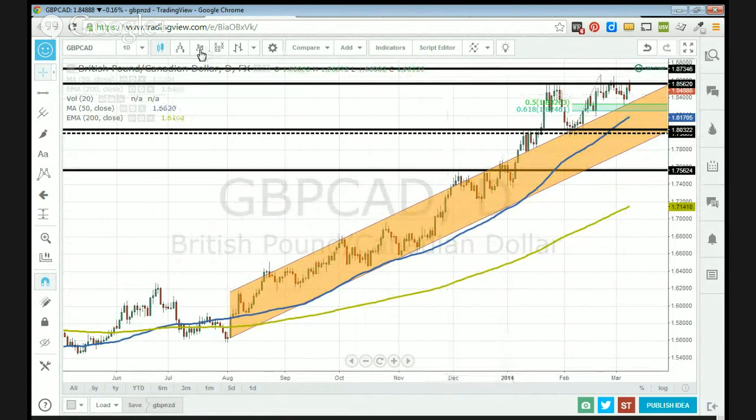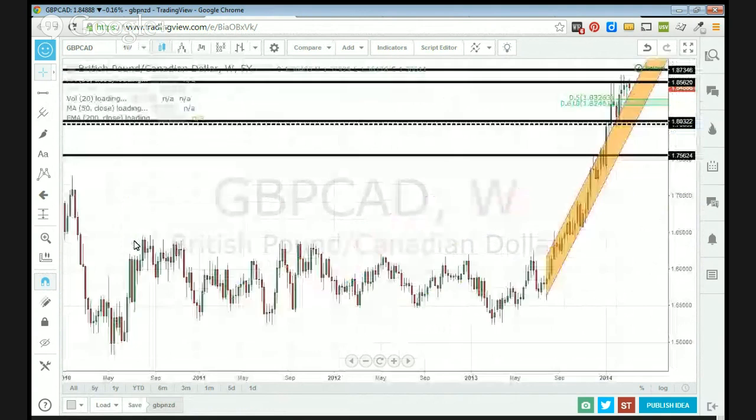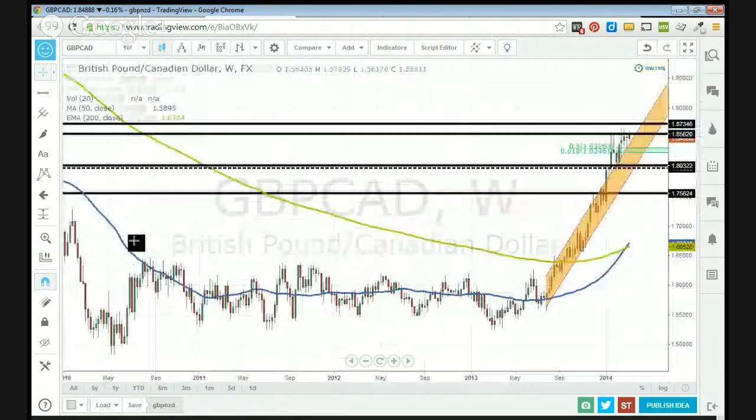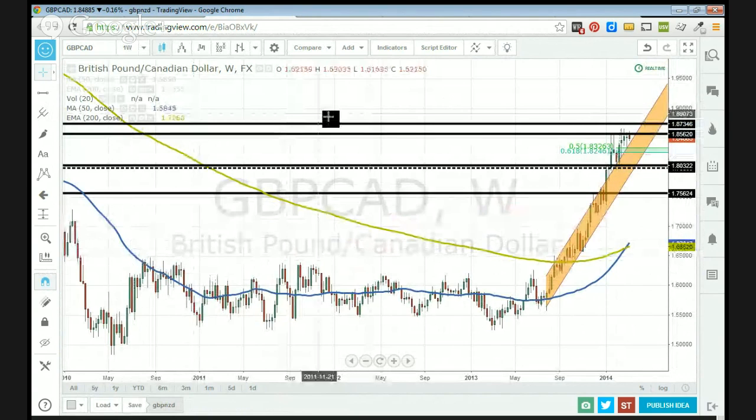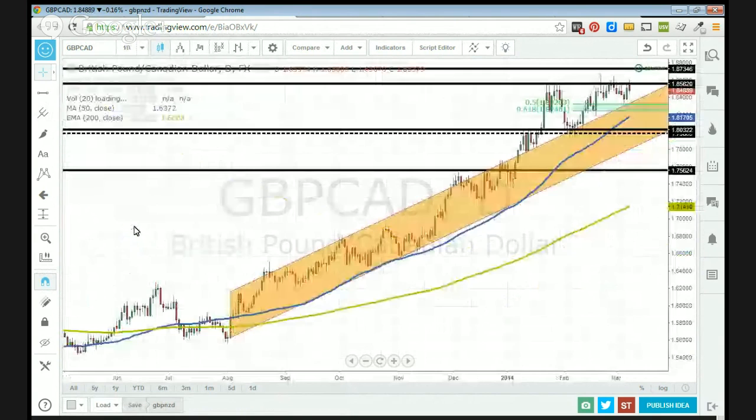Let's see what it looks like on the weekly chart. Yeah. Well, it's still an uptrend, but I think you can make a strong case that this is a distribution going on at a resistance level. And then what would be the profit target?